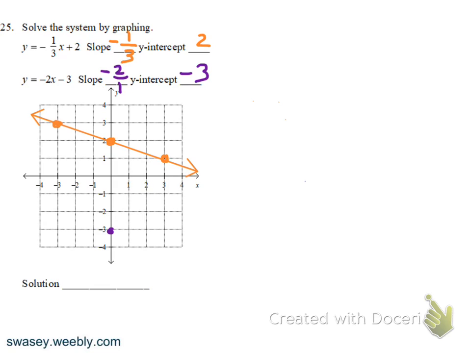So put a point at -3 and then go down 2 to the right 1. We're a little off the grid when we do that, but we can go up 2 to the left 1. And so hopefully you see the point that they have in common, which is -3, 3. So that's our solution. These are intersecting lines that have one solution.